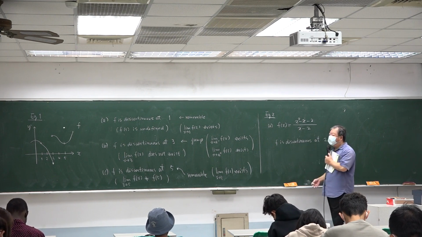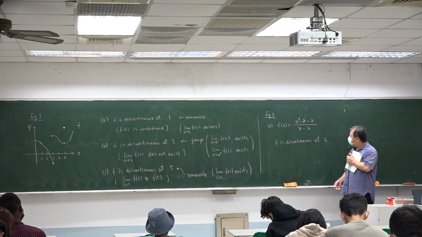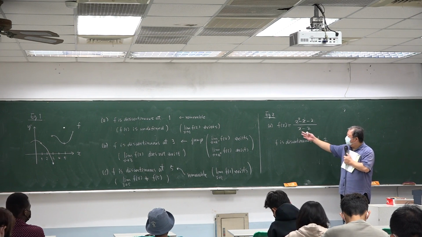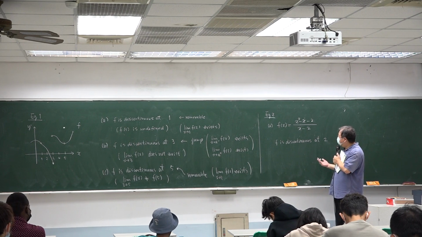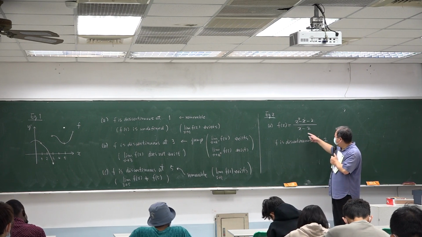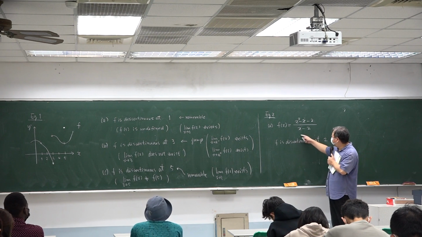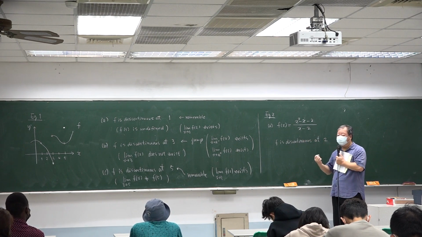Because this is a rational function, we can evaluate the limit of this function by direct substitution. So it is continuous everywhere except at 2, because the number 2 makes the denominator 0.